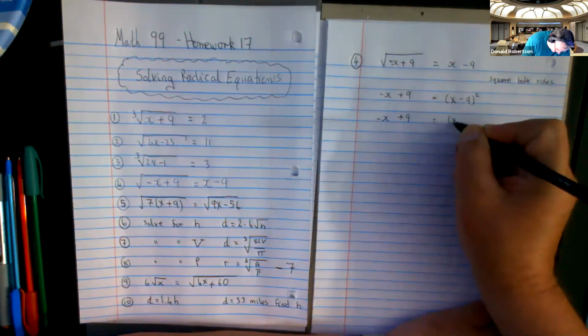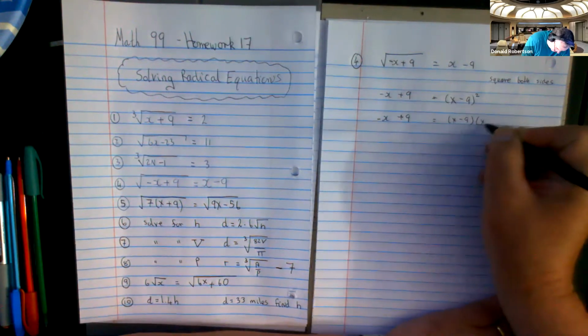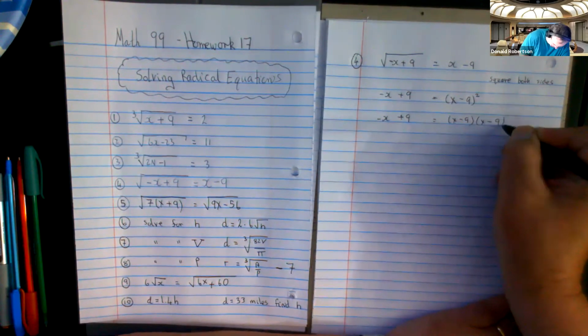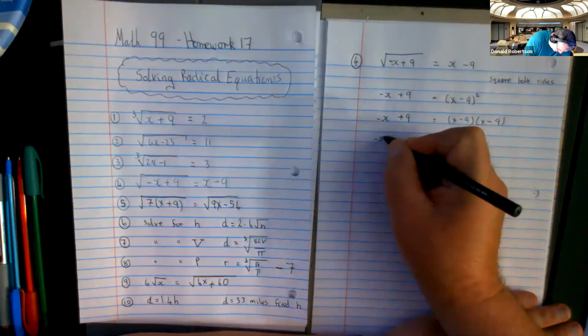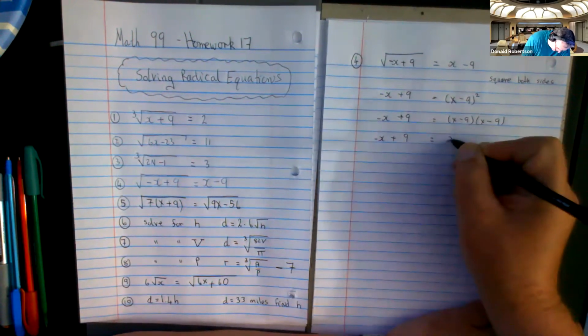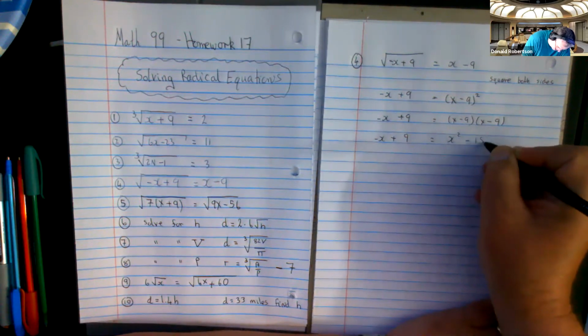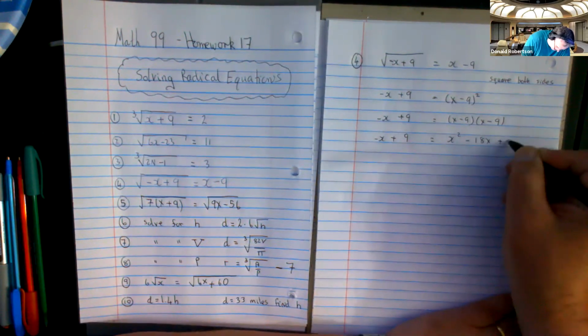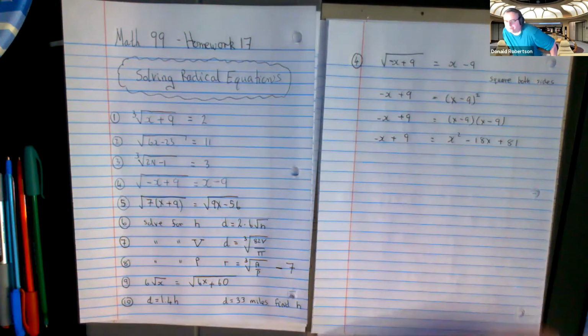X minus 9 squared means x minus 9 times itself, and that's what you get when you FOIL it all out.